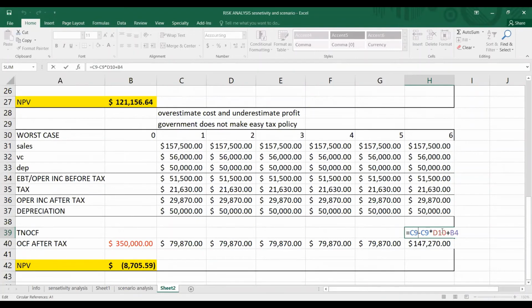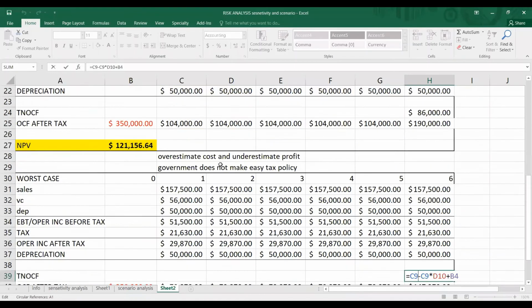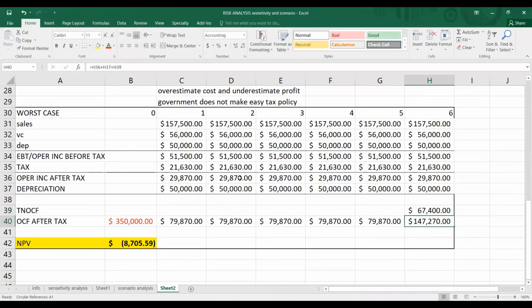C9 times D10 plus B4. Okay, C9 minus C9 times tax rate and plus, okay, this is expected salvage value.